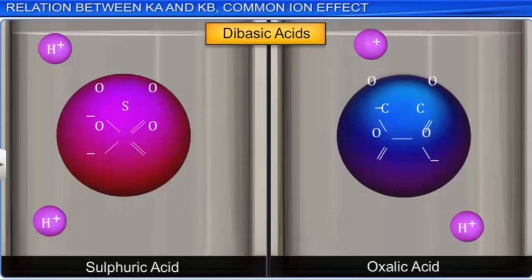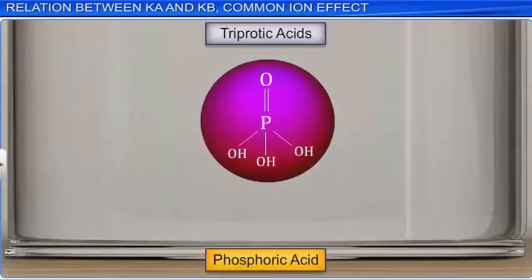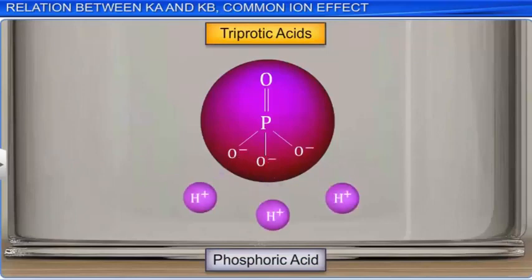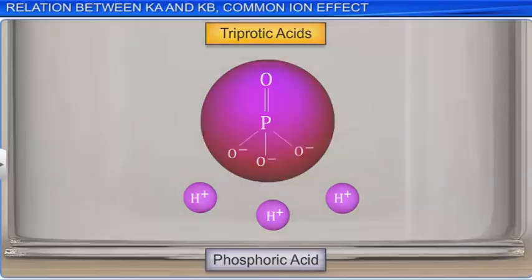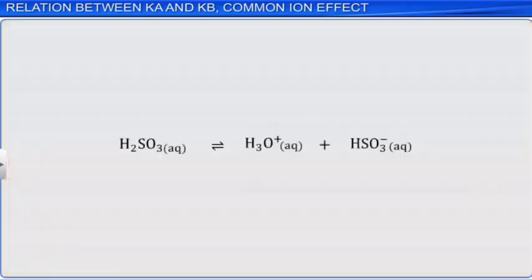Phosphoric acid, on the other hand, is called a triprotic acid as it can donate 3 protons. Consider the ionization of a dibasic acid, sulfurous acid, in water.